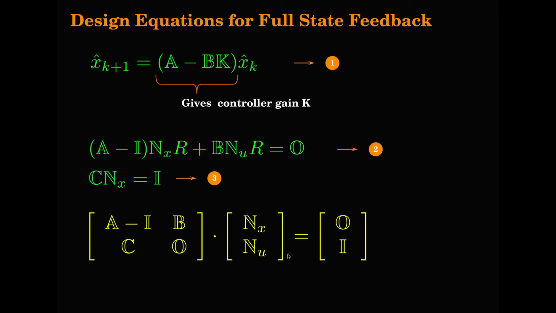So all the systems modelable in this fashion can be designed for this full state feedback control. So let us clarify later with some examples which will make it clear how we design the values of K, Nx and Nu.